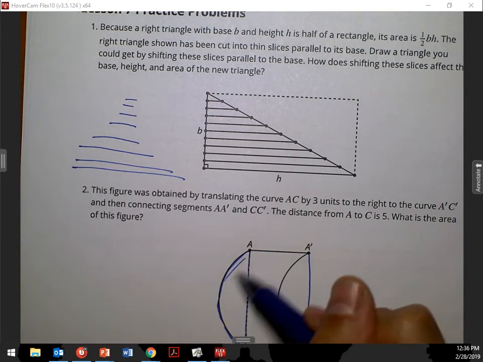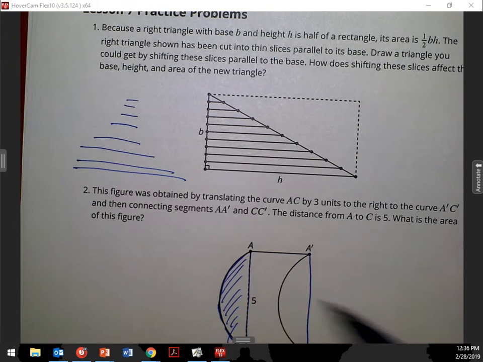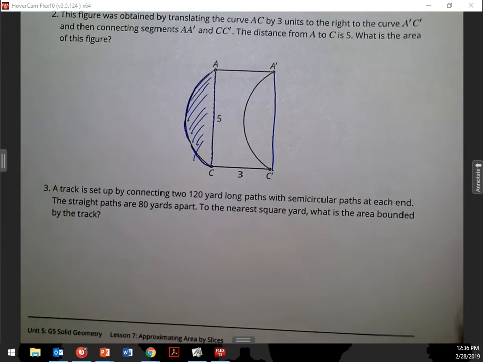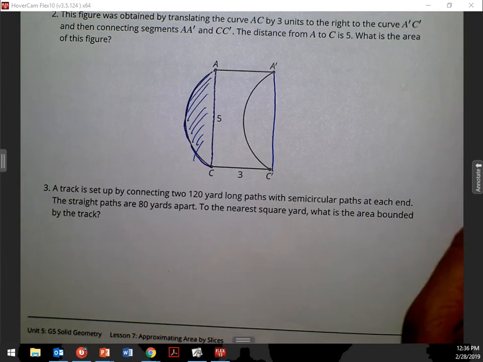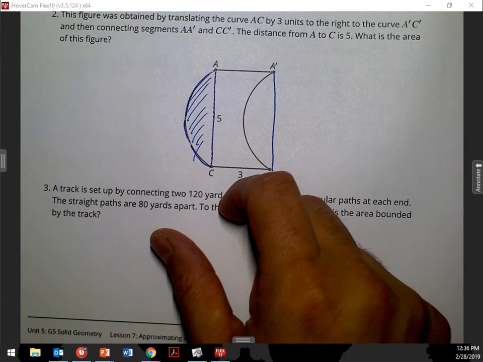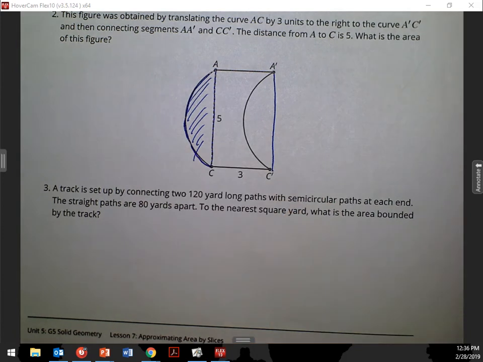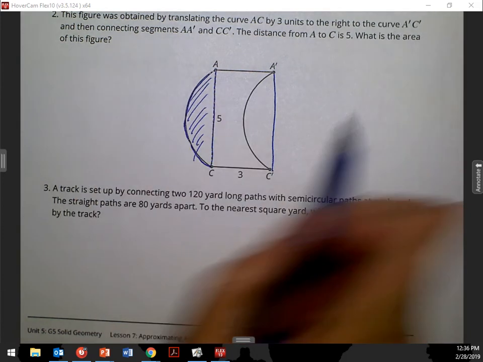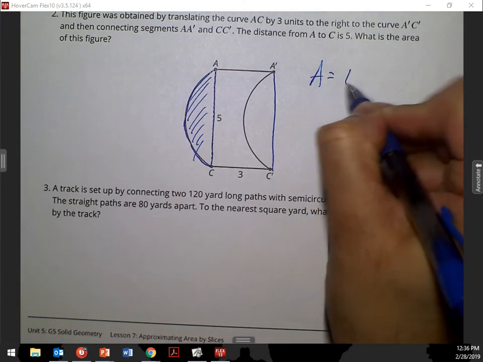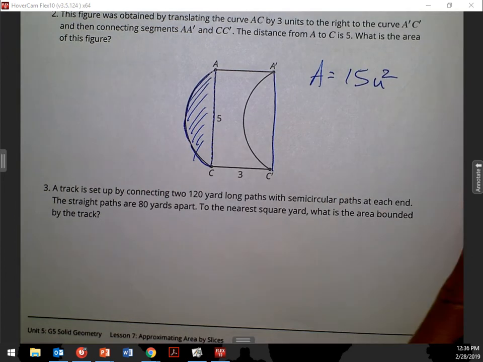It's basically like you took a bite out of an apple and put that bite back. Does that make sense? So the area should be 3 times 5, since it is a rectangle. 15 units squared, right?